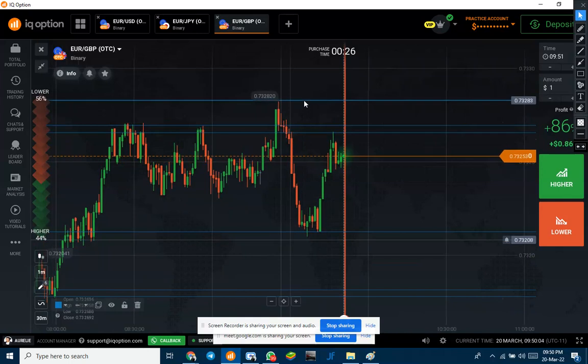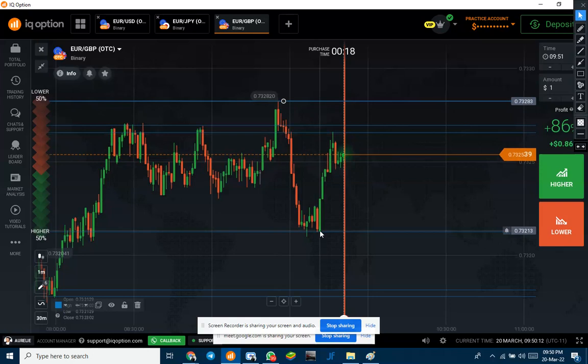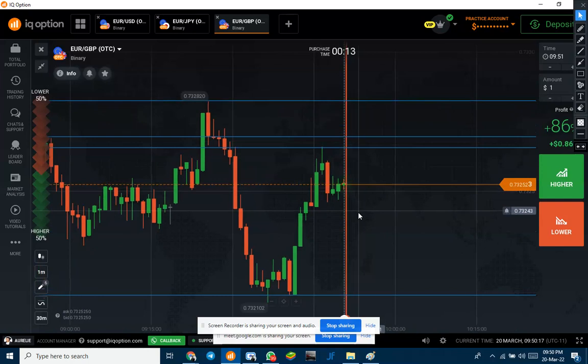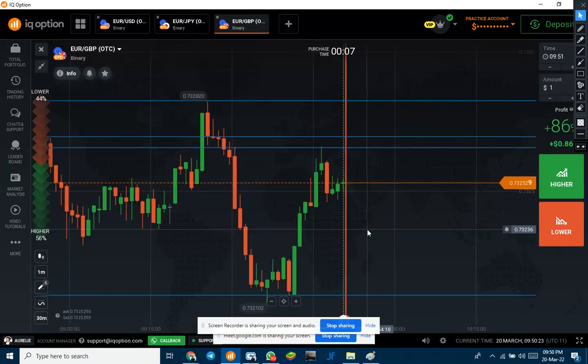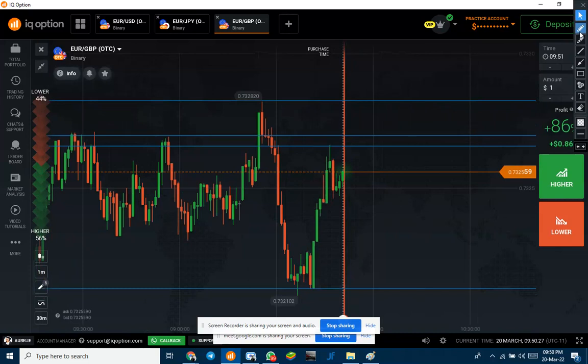The market hasn't started moving in a corrective move and impulsive move yet. But this is the high, this is the low. So the market reached this level and it's likely to make some correction, but we don't know if this is going to be a true correction. So I've already won the first trade here. So I'll wait to see the market drop to this level.